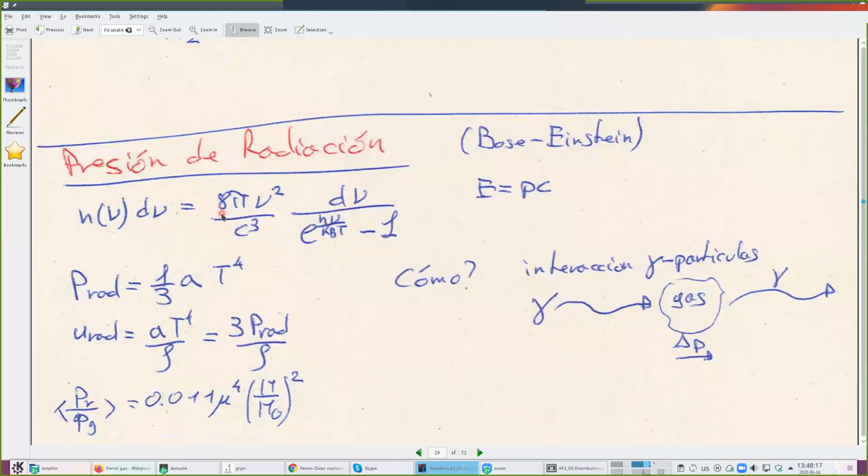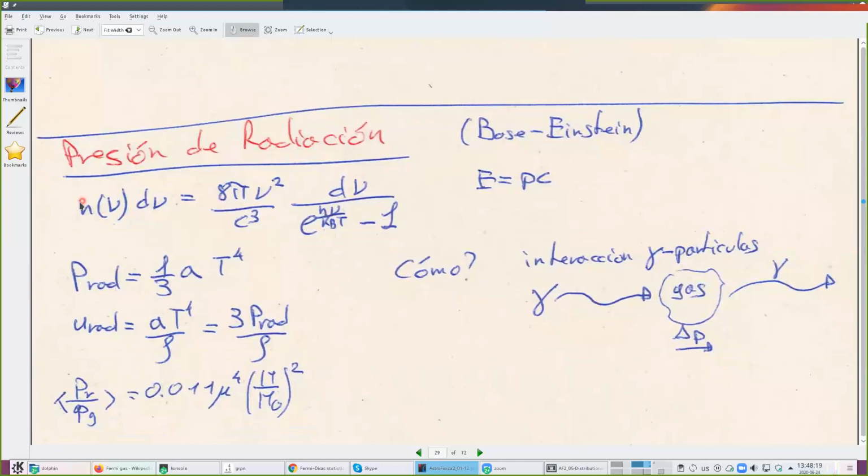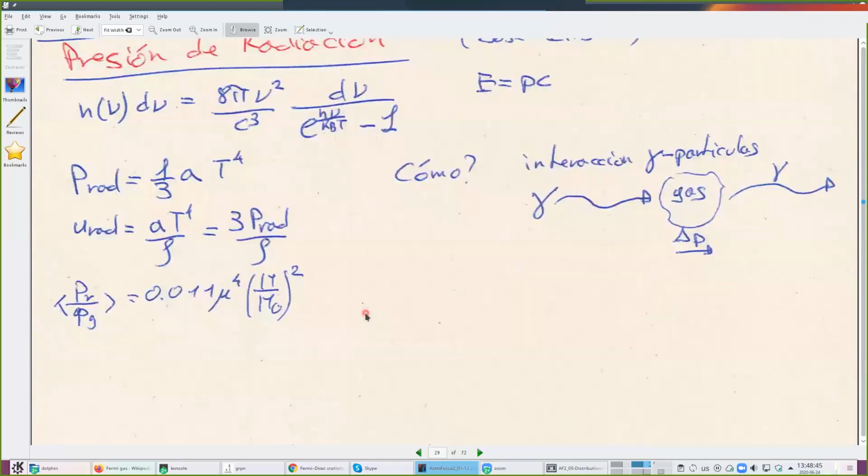For radiation, here is this density of particles. This is why the reason is different from the Planck law. It should be c squared. And as before, you can calculate the pressure and this value.